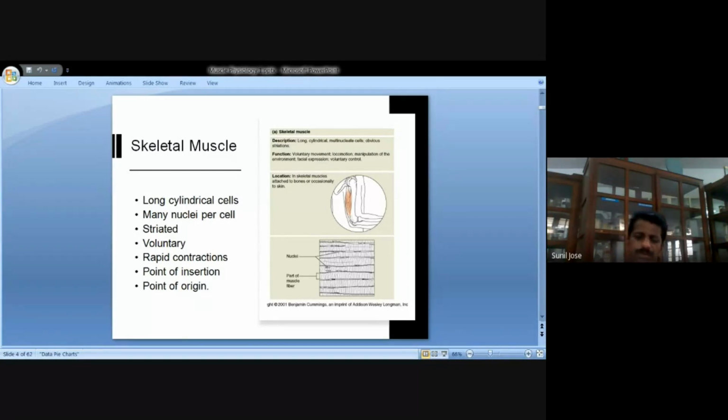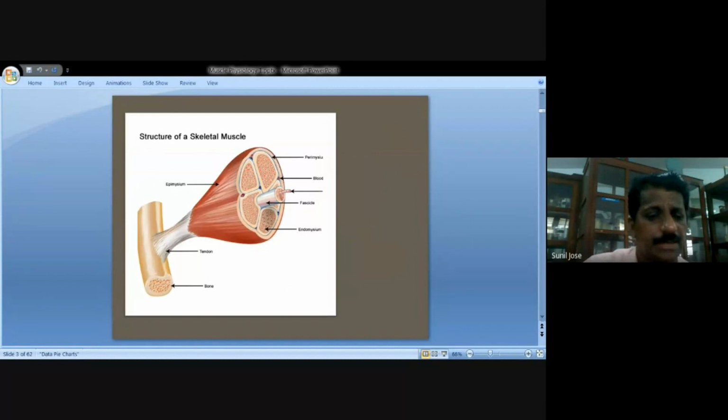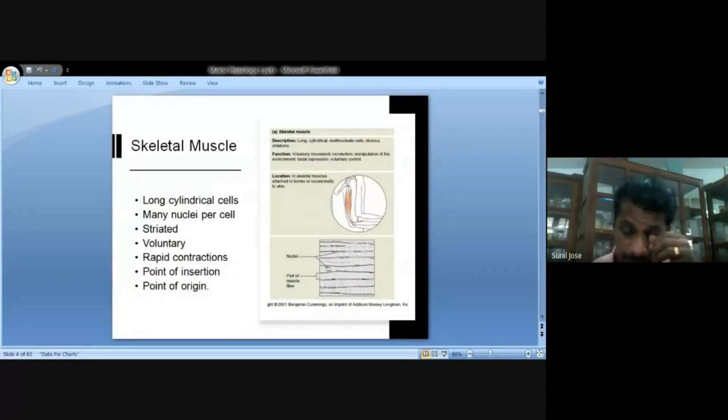Out of the three different types of muscle, the fastest contraction is exhibited by the skeletal muscle. That is why most of our body is formed of skeletal muscle. They have the fastest action, a very quick response and a rapid contraction.